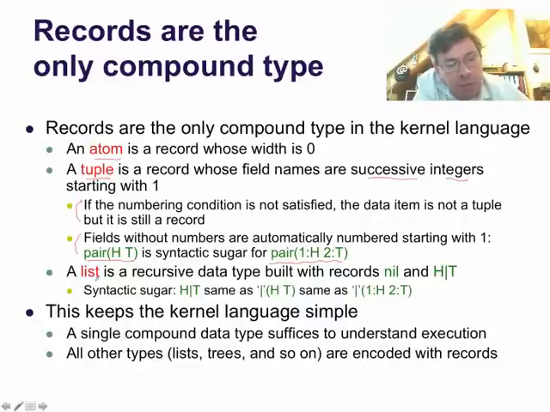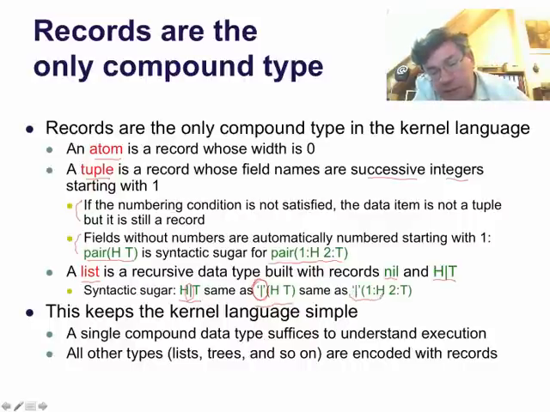Okay, so that's tuples. A list, which we have seen already as a recursive data type, is built with the two records nil and H bar T. Notice H bar T is syntactic sugar for bar H T. The bar here has to be enclosed in quotes because otherwise there would be a confusion with the bar used infix in between the two arguments.